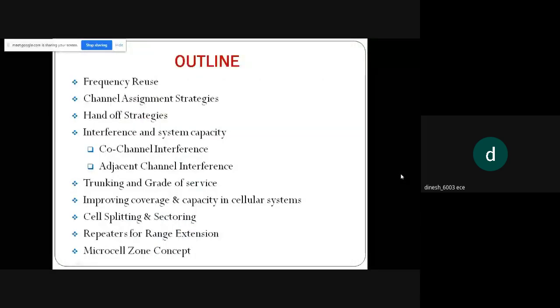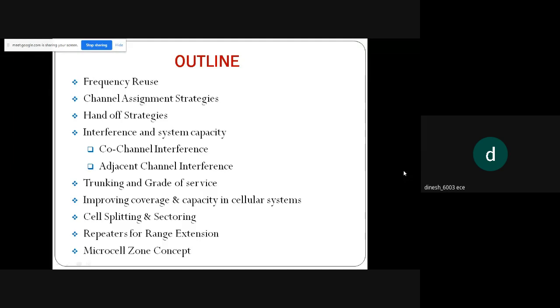Unit 1, Part 1's presentation outline starts with the concept of cellular, followed by frequency reuse, channel assignment strategies, handoff strategies, interference and its types and capacities, which are co-channel interference and adjacent channel interference.